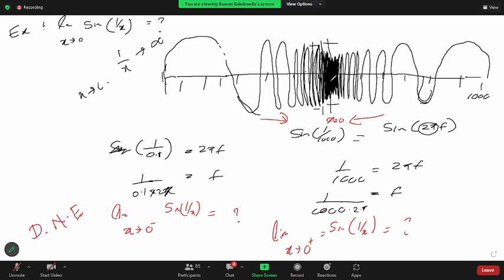The idea is that when x approaches 0, the frequency of the sine function is something we cannot even imagine. It is oscillating with a frequency of infinity. So at x equals 0, we cannot give a unique value. That's the problem, due to that infinite oscillation frequency.